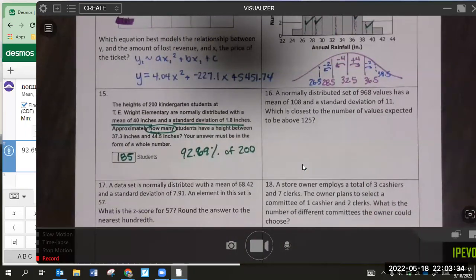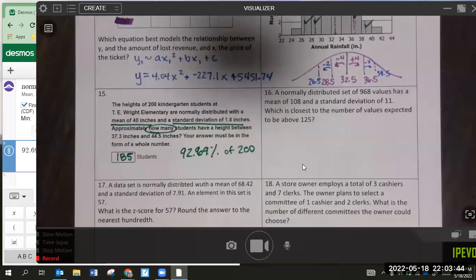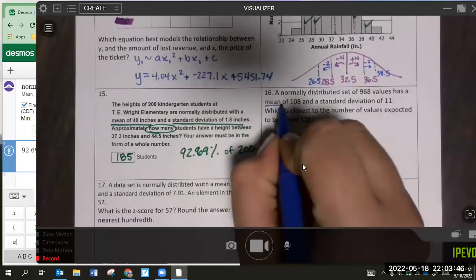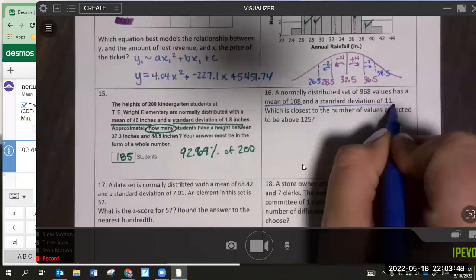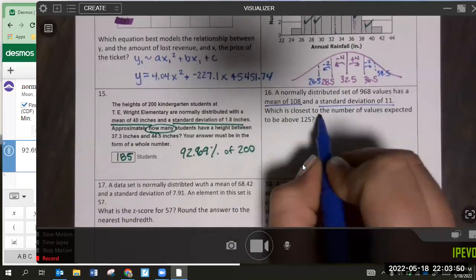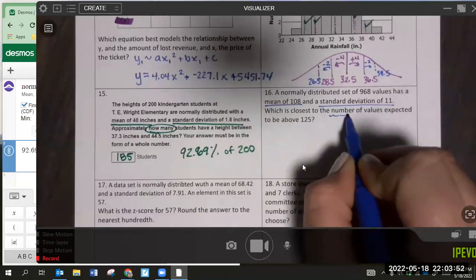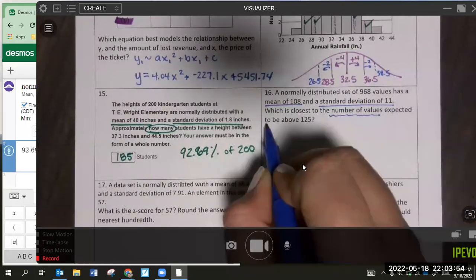Similar: a normally distributed set of 968 values has a mean of 108, standard deviation of 11. What is closest to the number of values expected to be above 125?